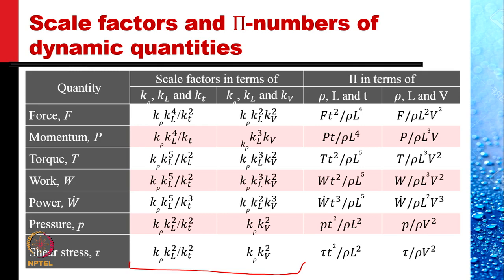And the resultant pi numbers are given in this part. These are just for illustration purposes. We don't need to remember them. We'll obtain them as we do the problems because it takes almost no time to obtain these pi numbers.